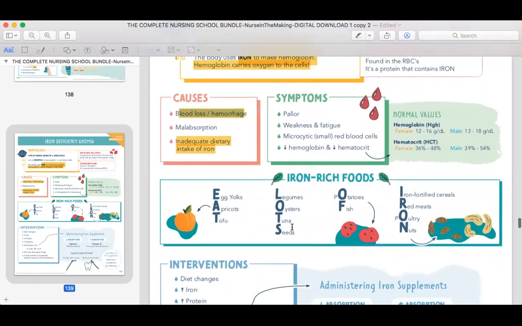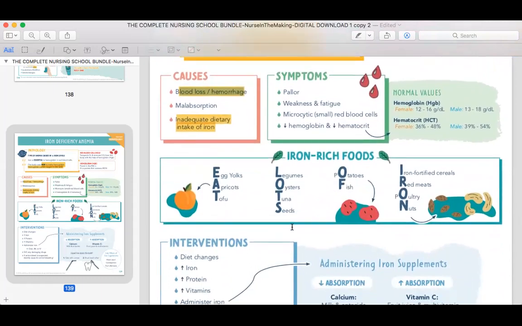Please make sure you eat iron foods, like your eggs. We get the short on ATI sometimes. Your eggs, apricot. I don't do apricots because apricots do have potassium, and on ATI they state it differently. Your eggs though.